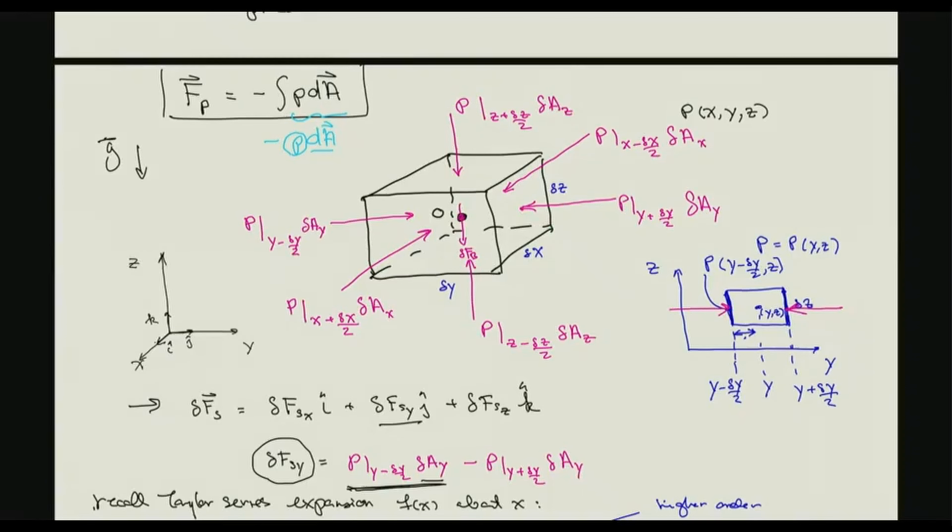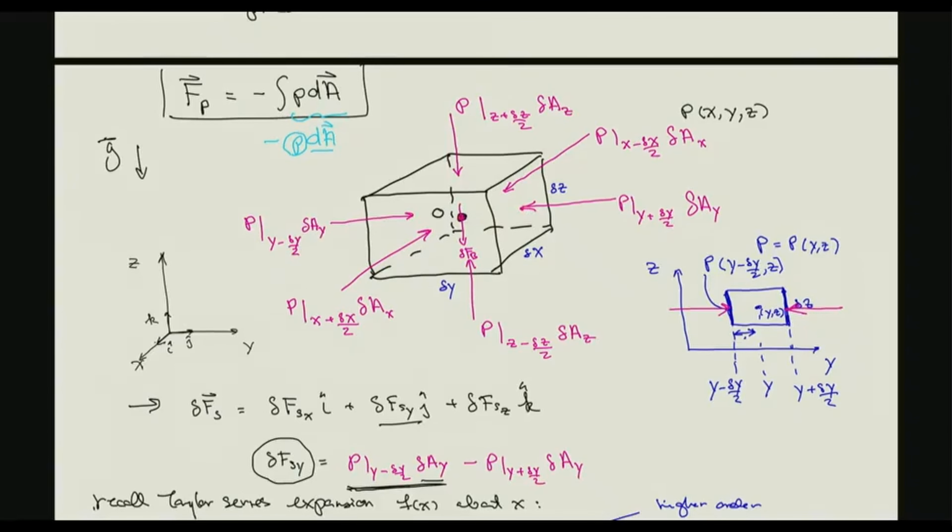So we have the pressure averaged at this location, which is a location that is, so if this point O is at a coordinate y, this area has the same x, z location, but is at the coordinate y plus delta y over 2.